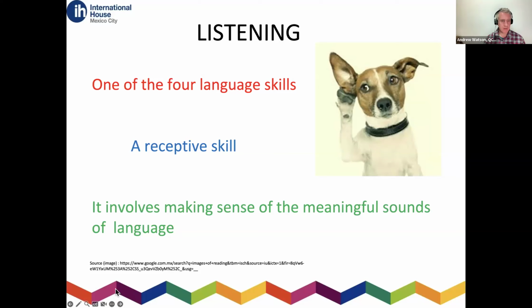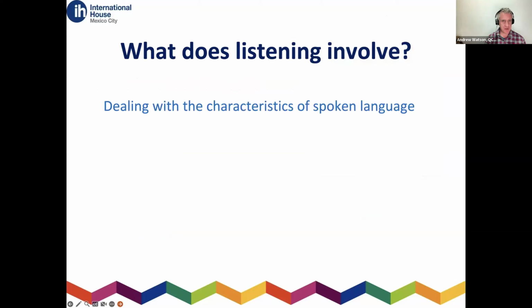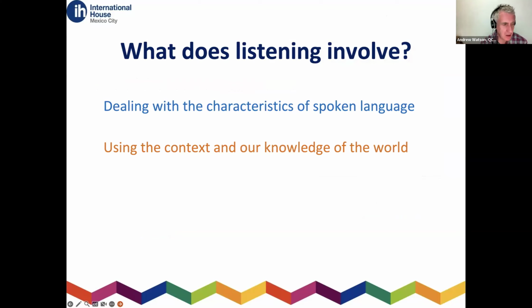Okay, then what does listening involve? Well, we can say that it deals with the characteristics of spoken language, such as rhythm, stress, and intonation. But here's an important part of it. The context and our previous knowledge of the world is crucial.